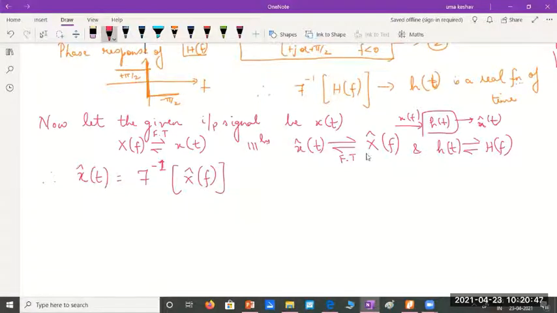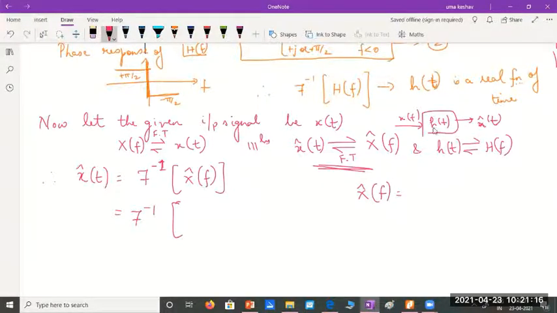So since we know x cap of t and X cap of f are Fourier transform pairs, to find x cap of t, I have to take the inverse Fourier transform of X cap of f, which means it is Fourier inverse of, what could I define X cap of f as? How do I define X cap of f?